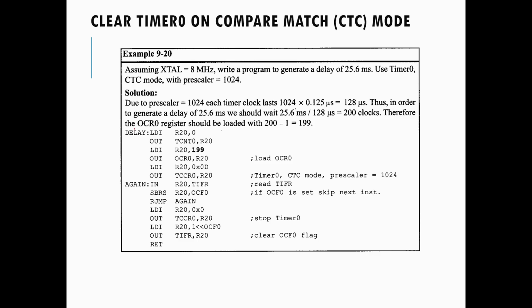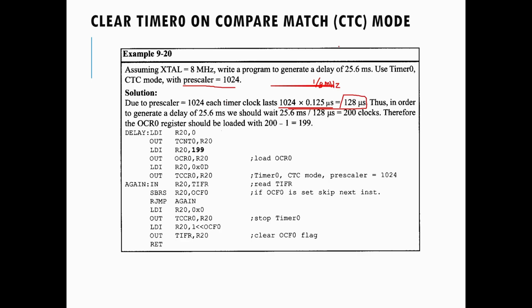Same here, we need to know that we are using the prescaler 1024. Due to prescaler 1024, each timer clock lasts 1024 multiplied by 1/8 megahertz. 1/8 megahertz is 0.125 microsecond, so it becomes 128 microseconds.